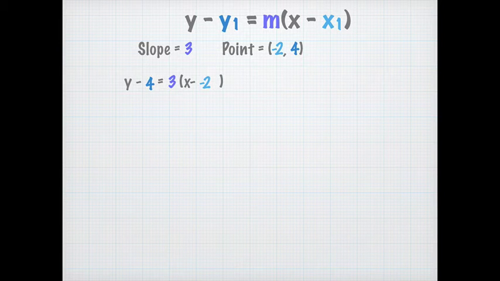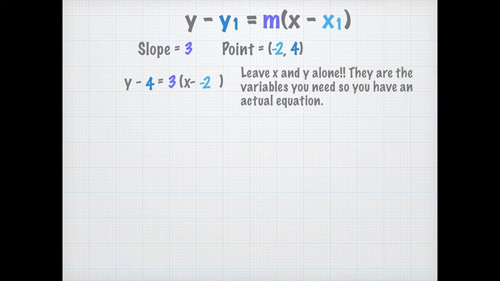So I use point-slope form, and I substitute those values in for the slope and for the point, x1 and y1. And now I've got the equation of the line with slope 3 and going through the point negative 2, 4. Now, make sure again you leave x and y alone. They're not to be substituted. They're part of the equation.